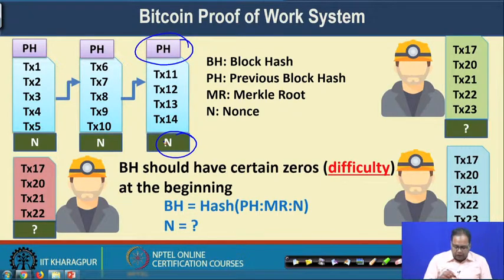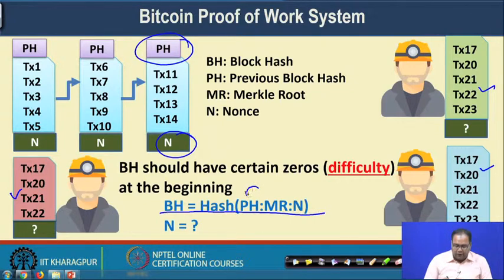We need to include one of these 3 proposed blocks with the existing blockchain. So, every miner will try to find a nonce value which will satisfy a certain hash equation. This is the hash equation that they have to solve.